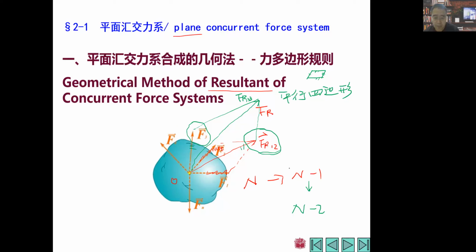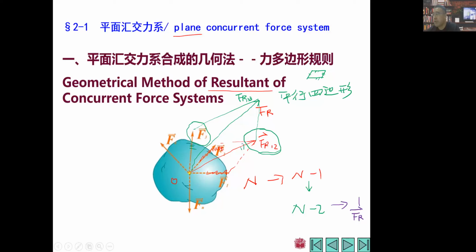You will think that after some time, the whole force system's number will be reduced from n to just 1. That is FR, right? So that's how we use this so-called geometrical method to find its resultant force, which has the same effect as the whole n number of forces, right?